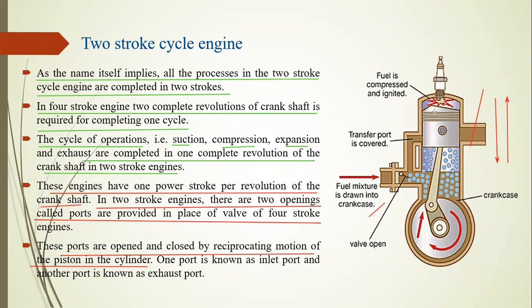When the piston is at this level, the outlet port is closed or covered by the piston. When the piston is in the downward position, the outlet port is open and the inlet port is closed.